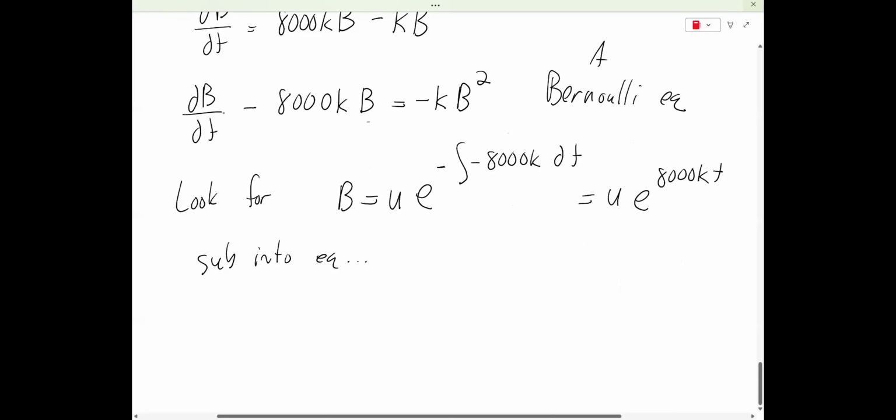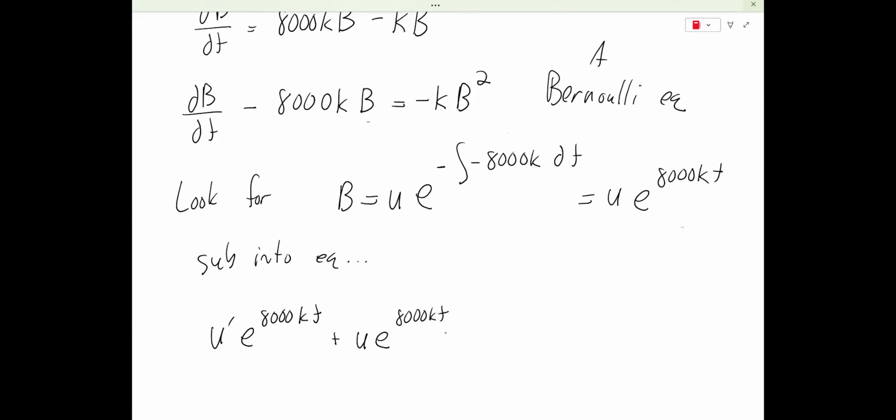So now you've got to use the product rule. You take the derivative, right? So you get u prime, you keep the second part, plus, and this time you keep the first part and multiply by the derivative of the second part, which would be what? The derivative of the second part is e to the 8,000 kt, and then by chain rule, times 8,000 k.